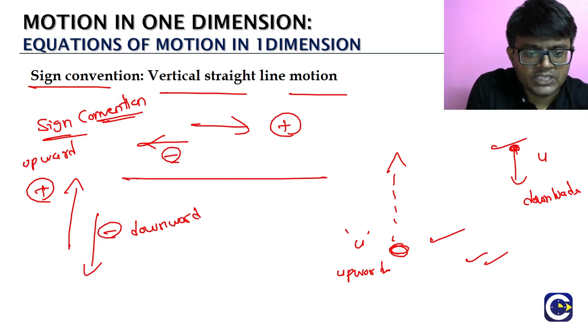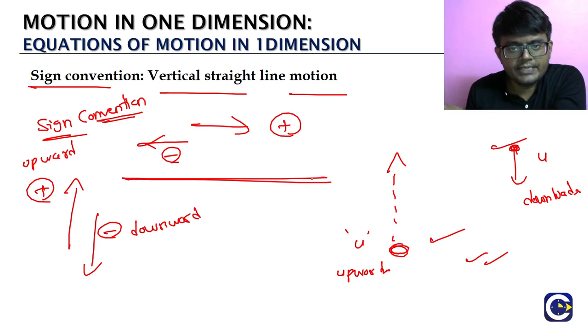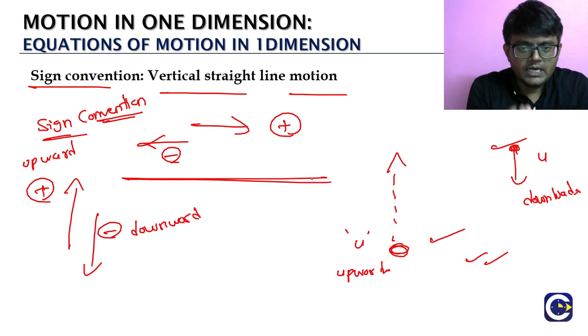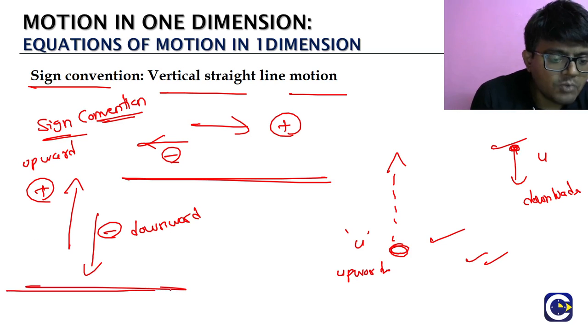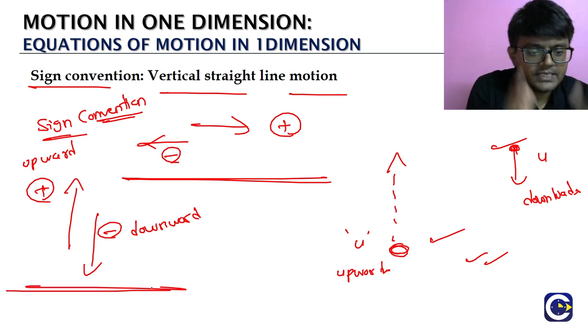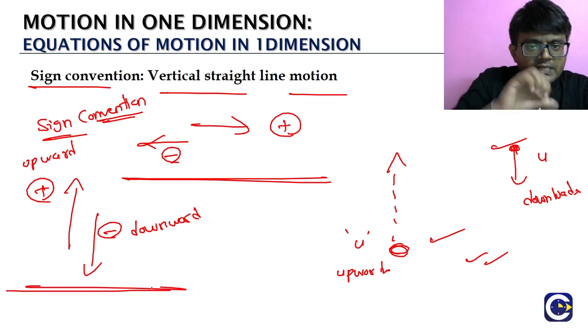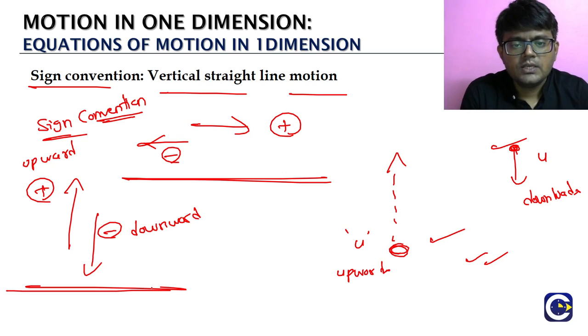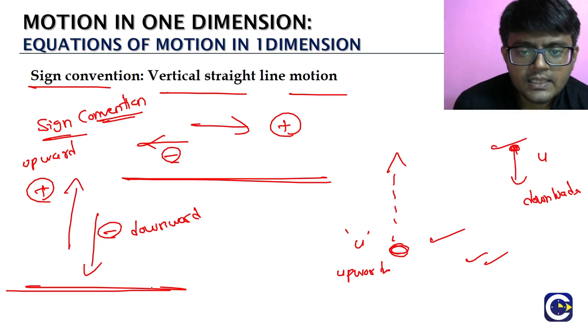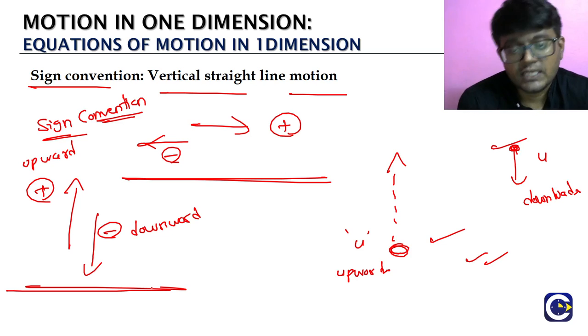The basic idea of sign convention is that if you take one direction's quantities positive, the opposite direction's quantities should be negative. That's it. But this fixed convention is a little more convenient to follow, because we will be clear: everything up is positive, everything down is negative. So you can look at this convention for the vertical straight line motion.